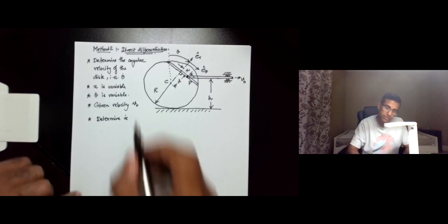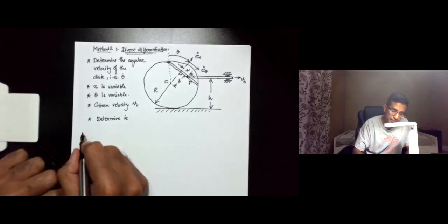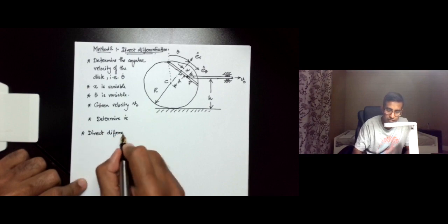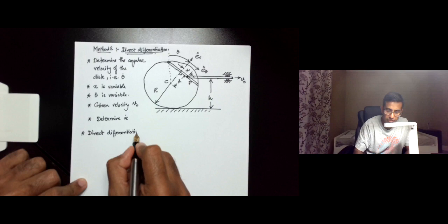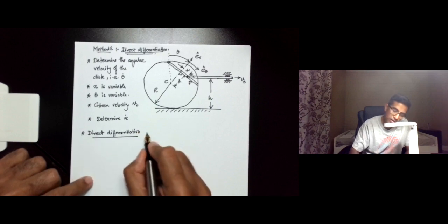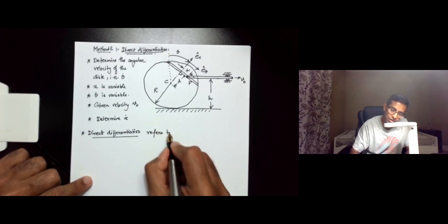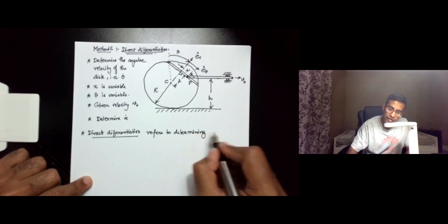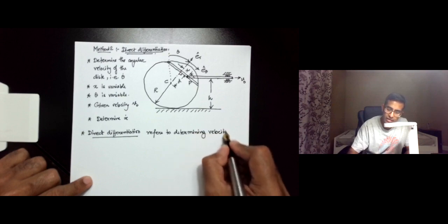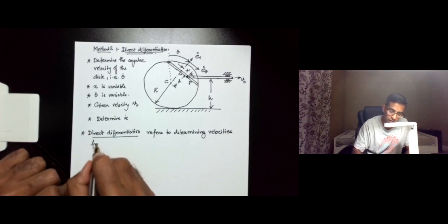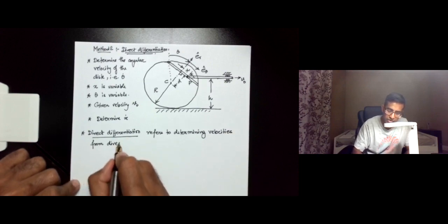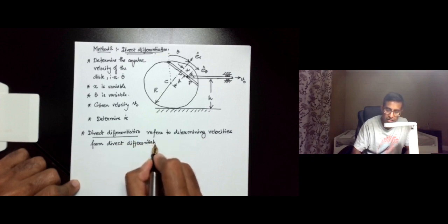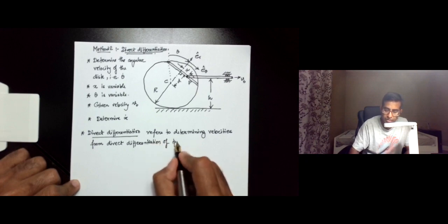So what we do in the direct differentiation method, direct differentiation refers to determining velocities from direct differentiation of position vectors.